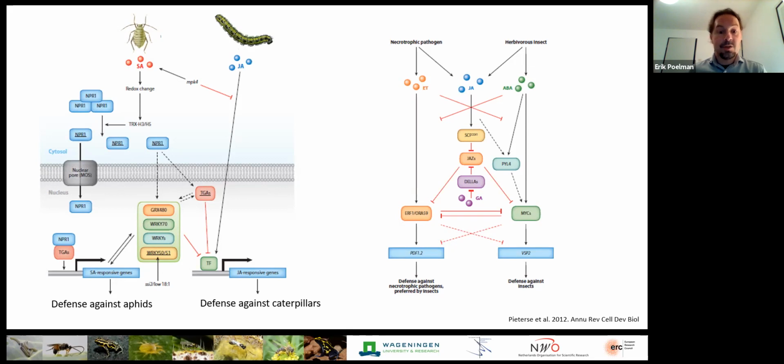And especially in studies on Arabidopsis, it has been identified that these processes are very strong, and that it could happen that if aphids feed from the plant, it actually impairs the jasmonic acid responses to caterpillars, and caterpillars would grow better on plants that were first attacked by aphids than on control plants.